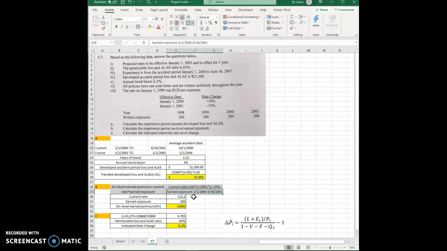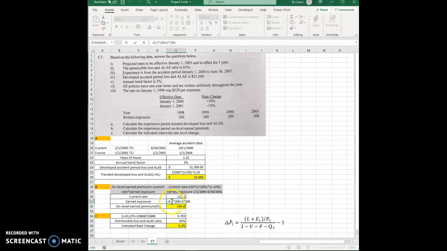As for the earned exposure, the earned exposure is from January 1st, 2000, it's right here, to June 30, 2001. It's a year and a half. So the earned exposure for 2000 is 200, and as for 2001, only half a year is included, so we use 0.5 times 200, which is 100.